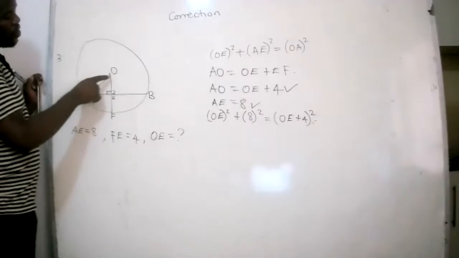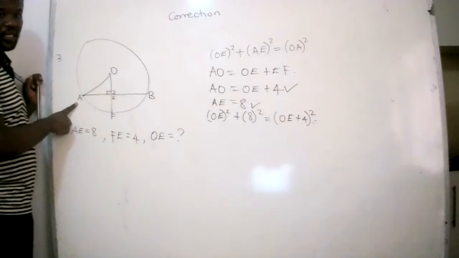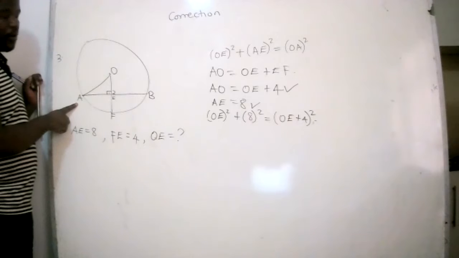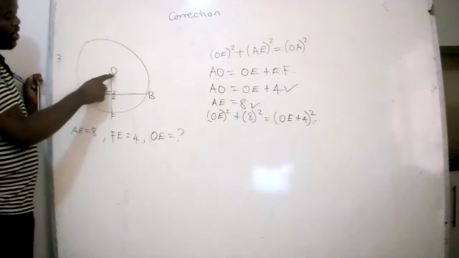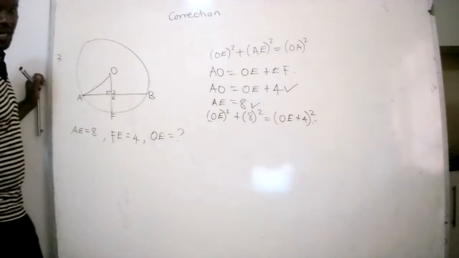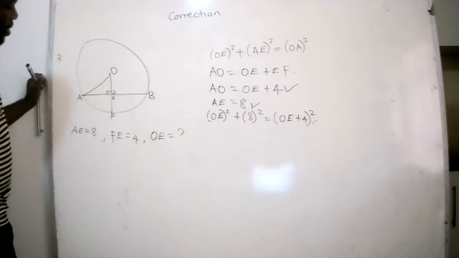Why are we allowed to say OF is equal to OA in this case? What's the reason behind that? Tondani, why do you think we say OF is equal to OA? Radius. That is the radius. It's as simple as that.